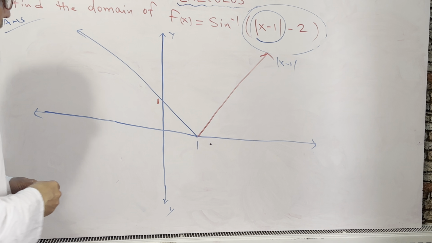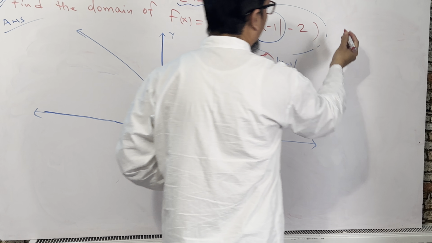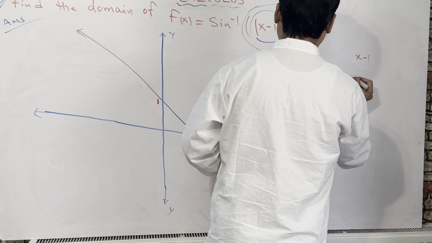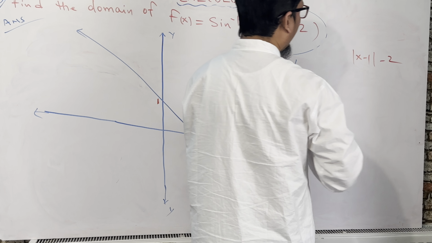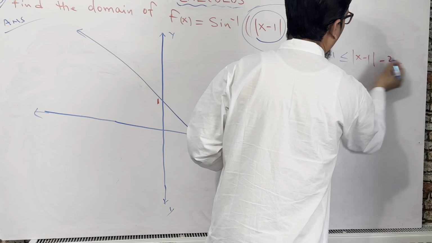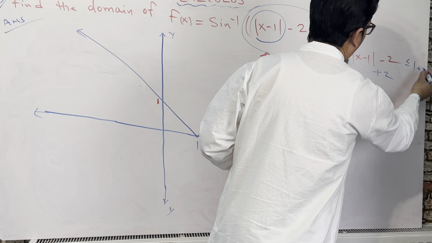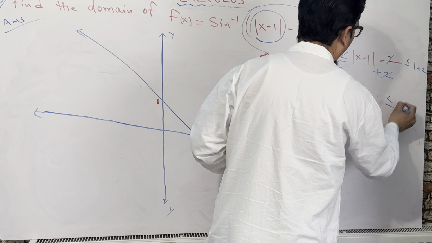Now what you have to do, as you know these questions, when you solve it before, x minus 1 minus 2 must be from minus 1 to 1. So you just add plus 2 here, plus 2 here, plus 2 here, right? So this is x minus 1, this is 1, and this is 3.